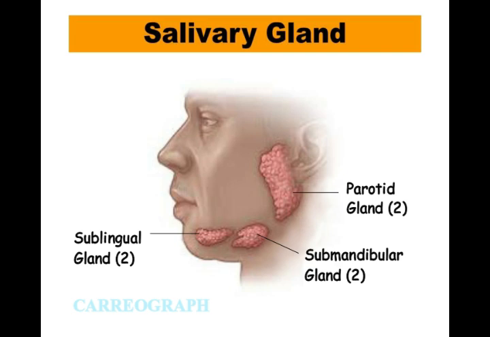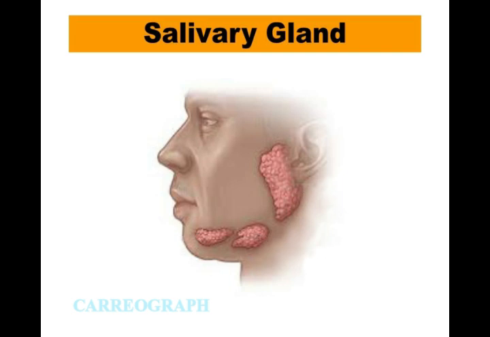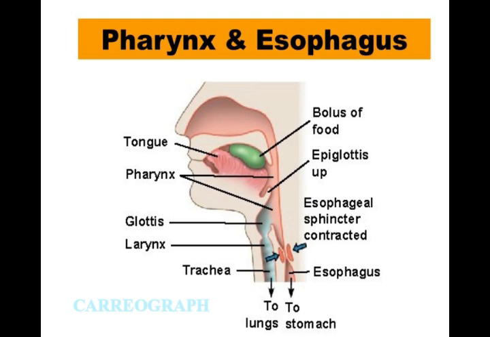After the mouth cavity, or buccal cavity, we have an organ called the pharynx. This pharynx is a muscular structure found behind the mouth. It is a tube-like structure, and this tube has two pathways, one towards the mouth called the oropharynx and the other towards the nose called the nasopharynx.